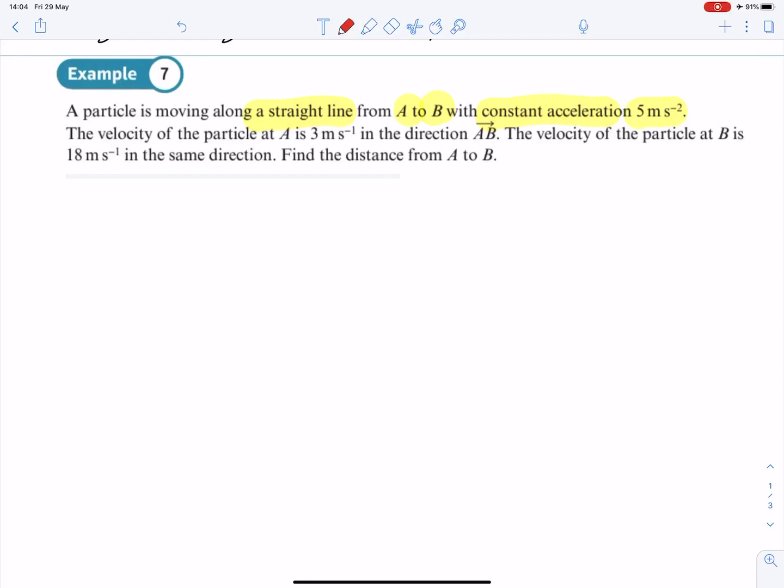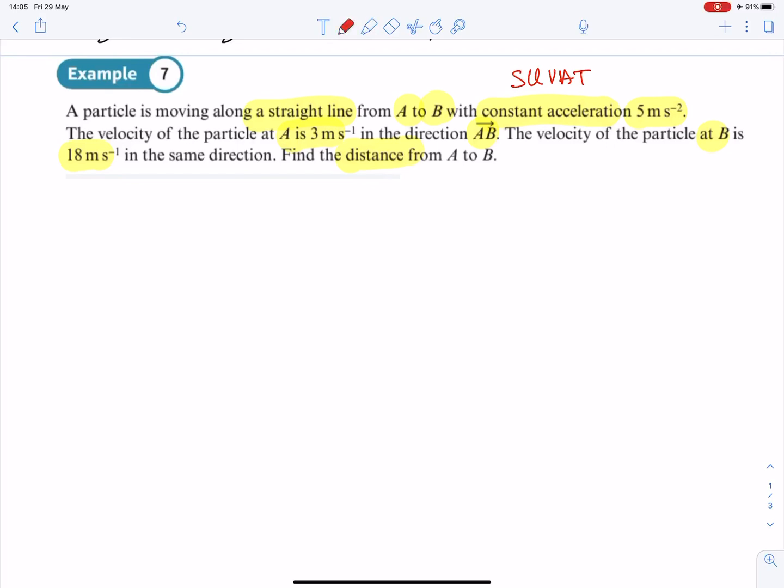As soon as I've read that, I know it's a SUVAT kind of question. The velocity of the particle at A is 3 meters per second in the direction of AB, and the velocity of the particle at B is 18 in the same direction. Find the distance.